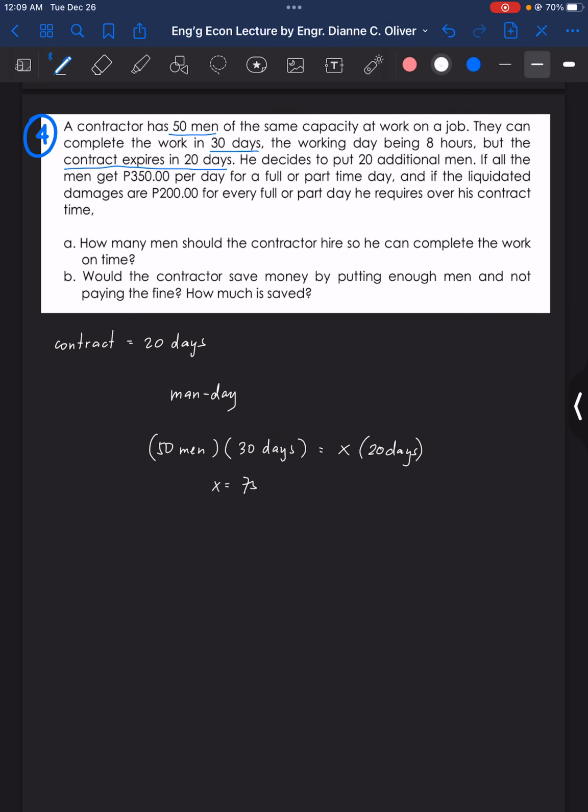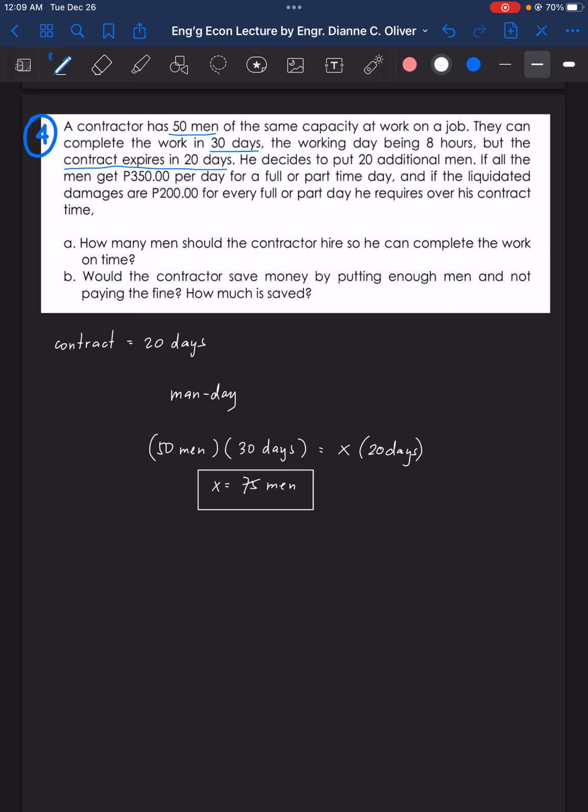So 75 men. That is the total number of men that the contractor should hire so he can complete the work on time. It did not mention additional men, but rather it mentions how many men should the contractor hire, pertaining to the total men needed to complete the work.